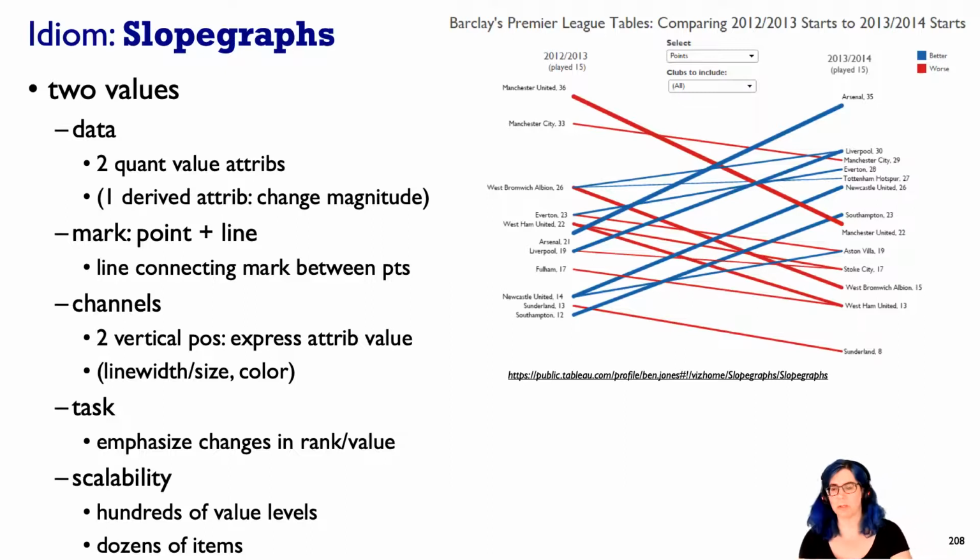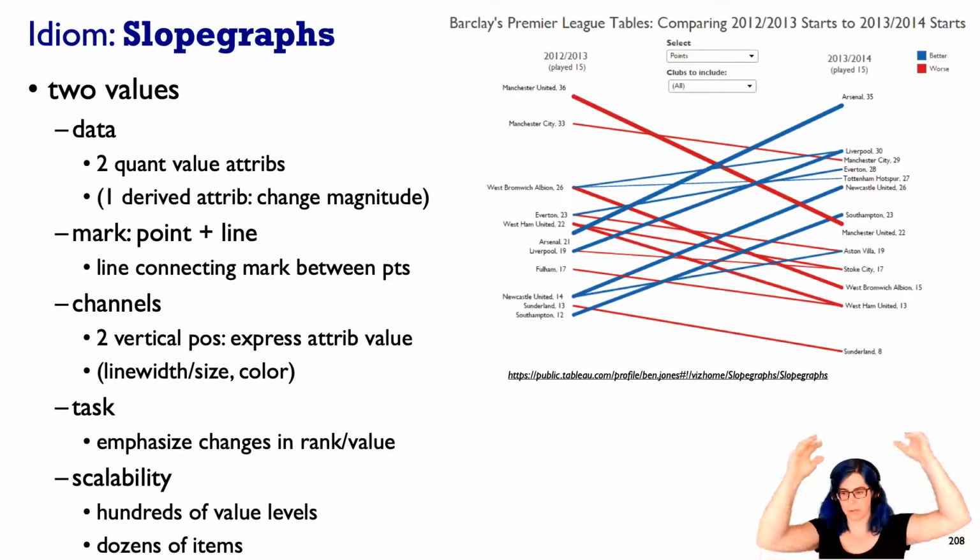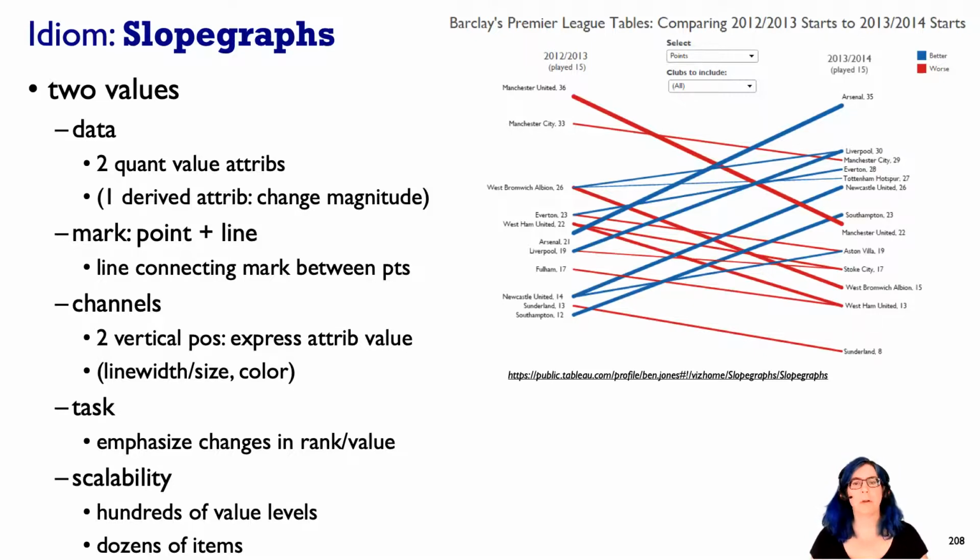That's an example of a redundant use of visual channels. For scalability, well, we could have hundreds of different value levels, right? Because we've got that fine-grained ability to see different 2D spatial positions. And we could fit maybe dozens of items of these shared point-line marks in between before we might get too much clutter to be visible.